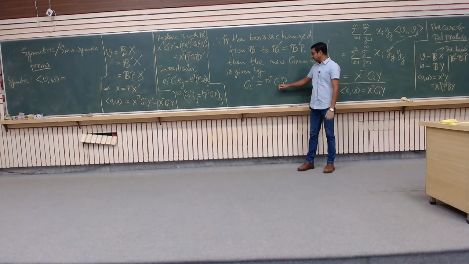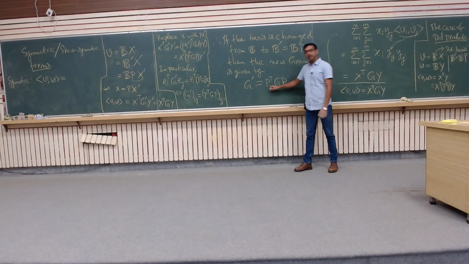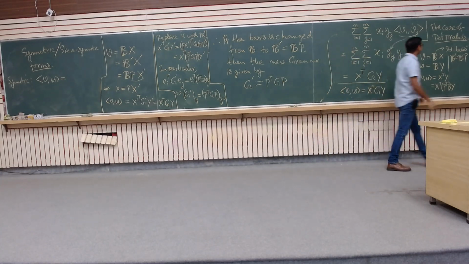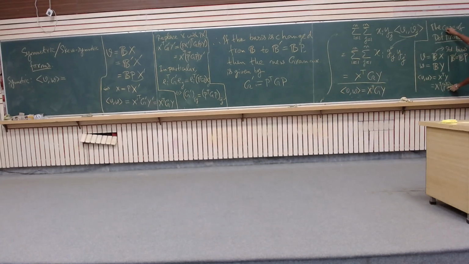Now, if we started with the dot product and the standard basis, what was G? Identity matrix. So that means G dash should be nothing but P transpose P. So we were considering the case of dot products, and therefore this G is identity, which lies in between, and you just get P transpose P there.